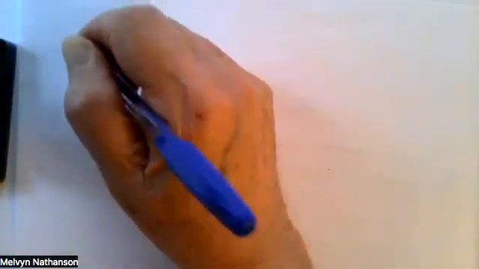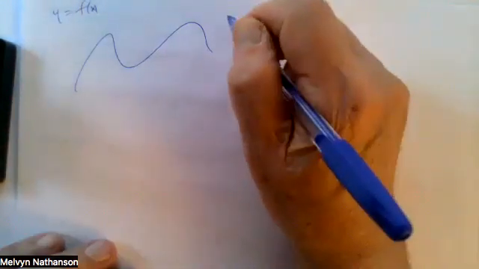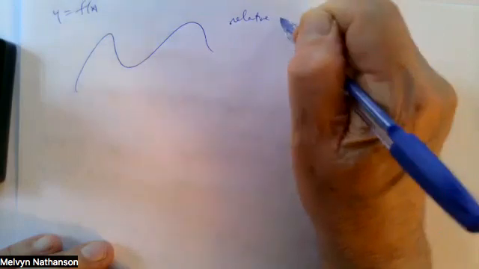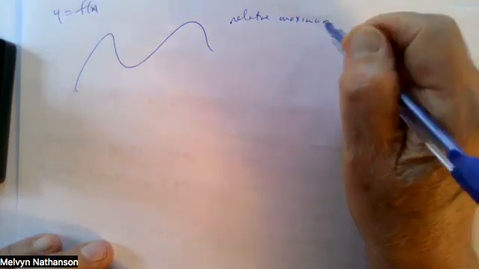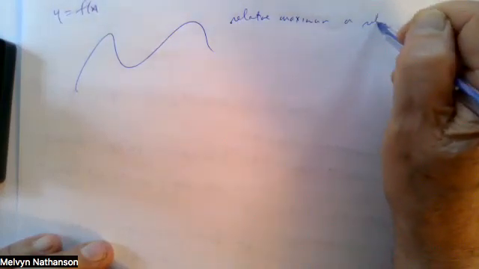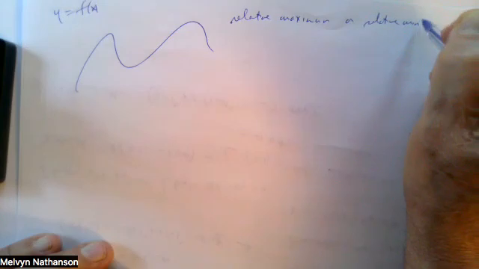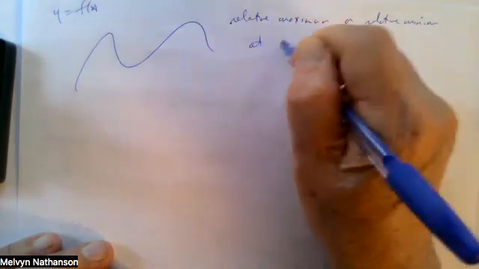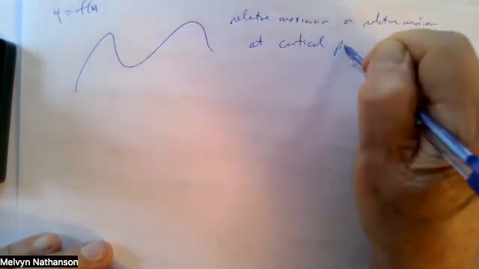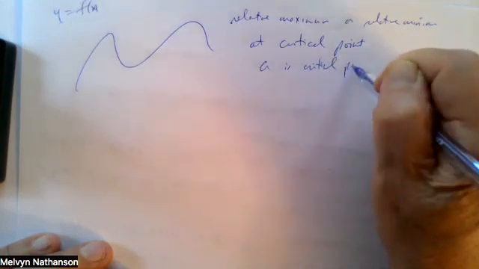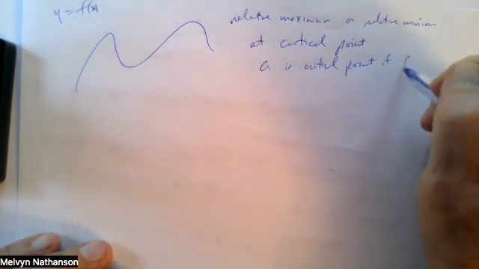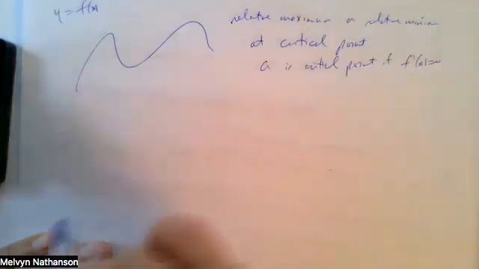Remember in Calc 1, you might have a function y equals f of x, and you have a relative maximum or a relative minimum at a critical point. So A is a critical point if the derivative at A is 0.